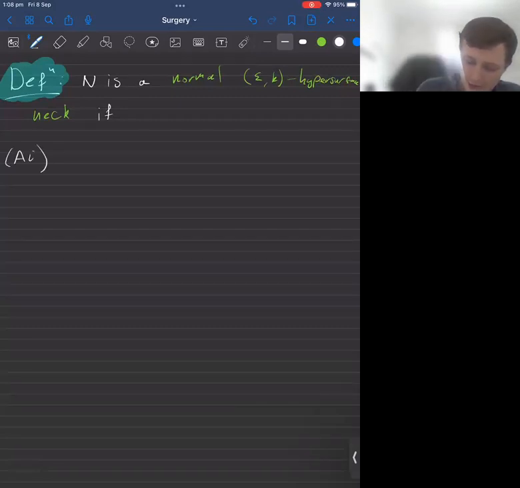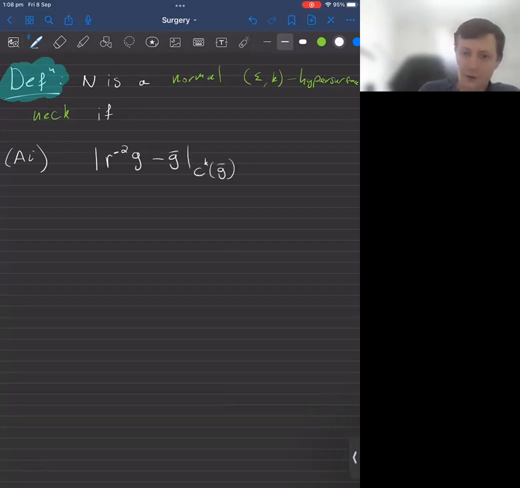I'll call this A_i. First of all, when we conformally rescale the pullback metric, this is close to G bar in the C^K norm, epsilon close.